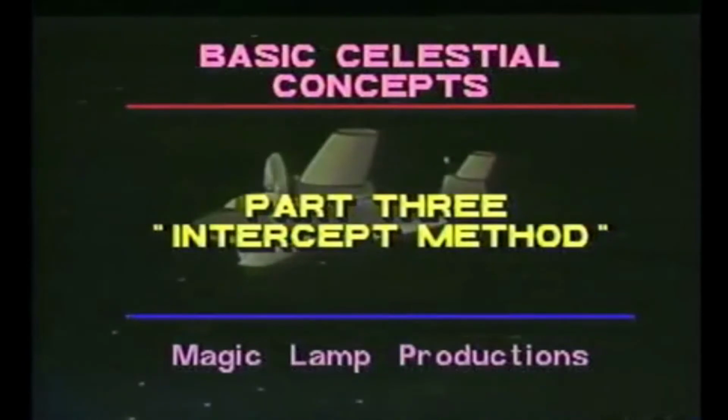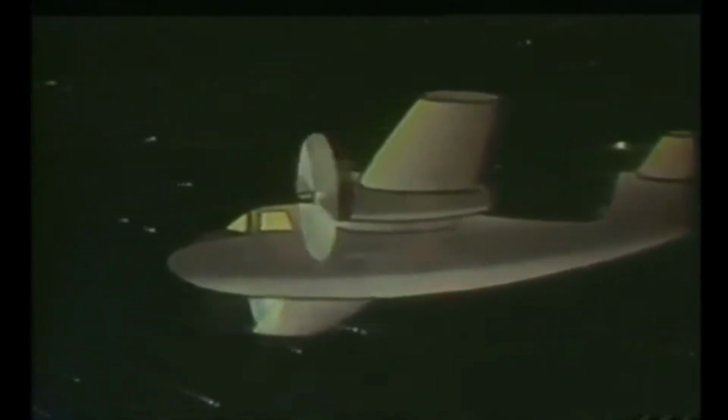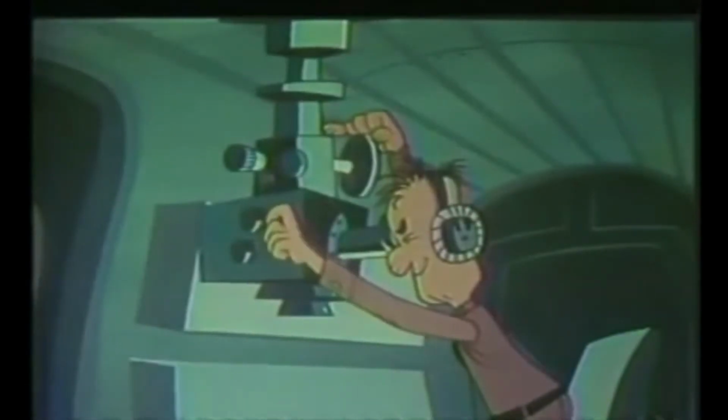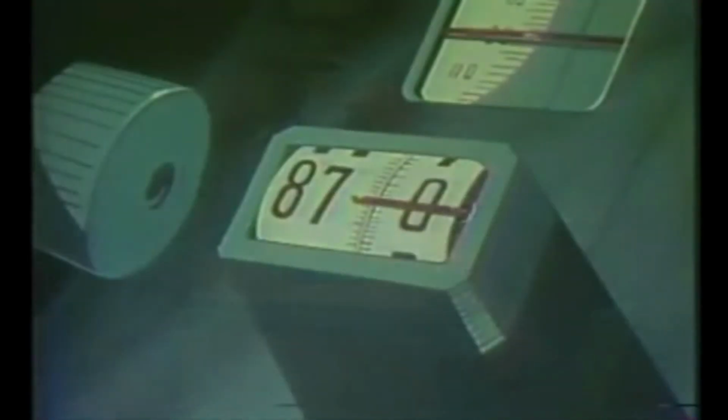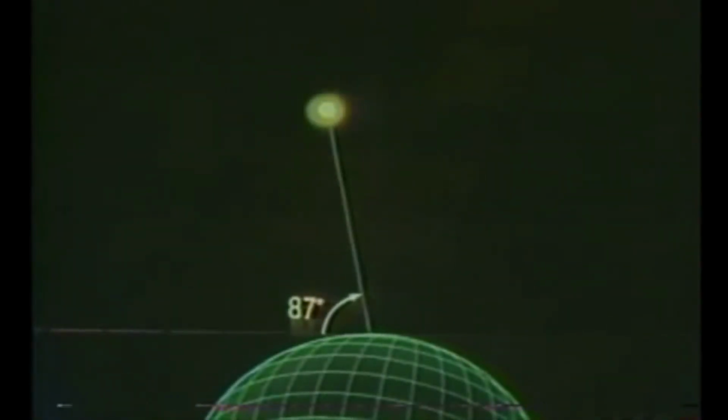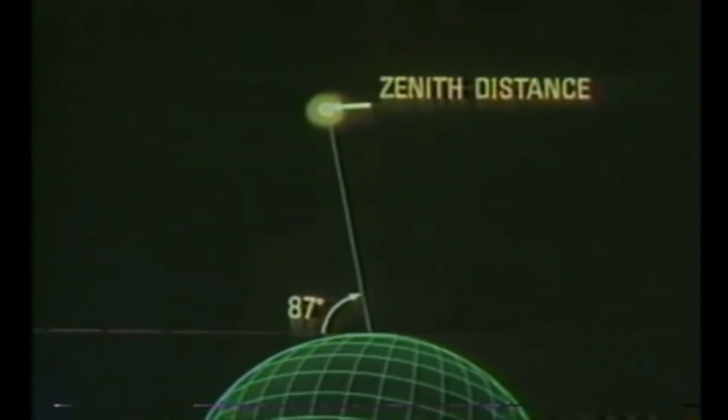There are 2 methods of resolving celestial observations to determine a line of position. The first should be used if the altitude of the observed celestial body is 85 degrees or more. Let's say it is 87 degrees. In other words, it is almost directly overhead or near your zenith. The angular distance of the body to your zenith is called zenith distance.